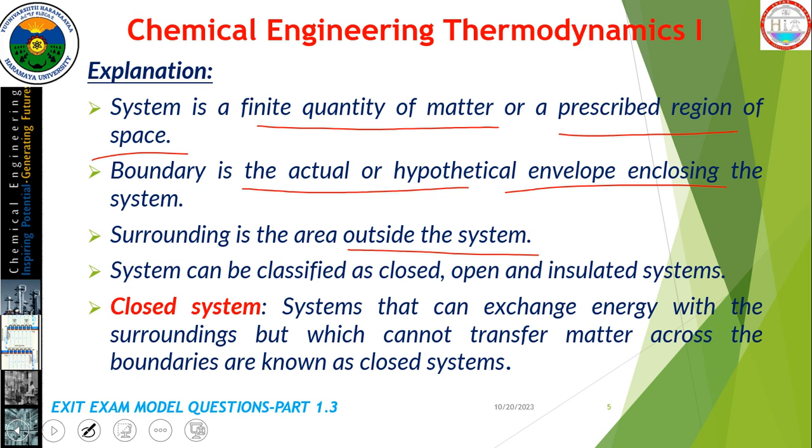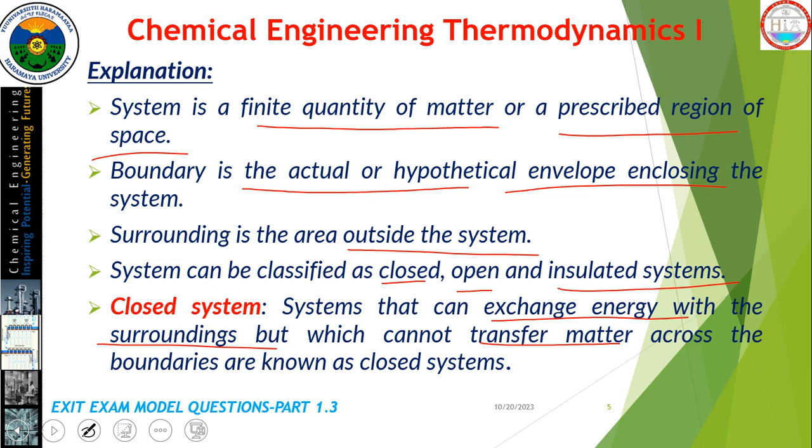In thermodynamics, the system can be classified into three: closed system, open system, and isolated system. A closed system can exchange energy with the surrounding, but cannot transfer mass or matter across the boundaries.